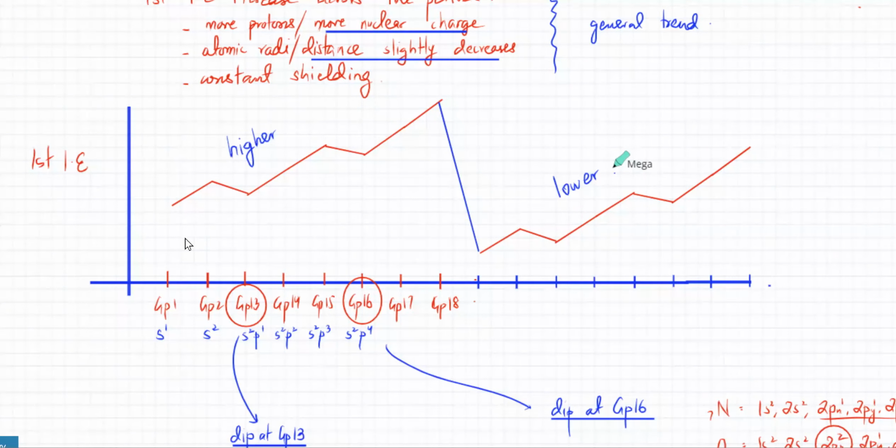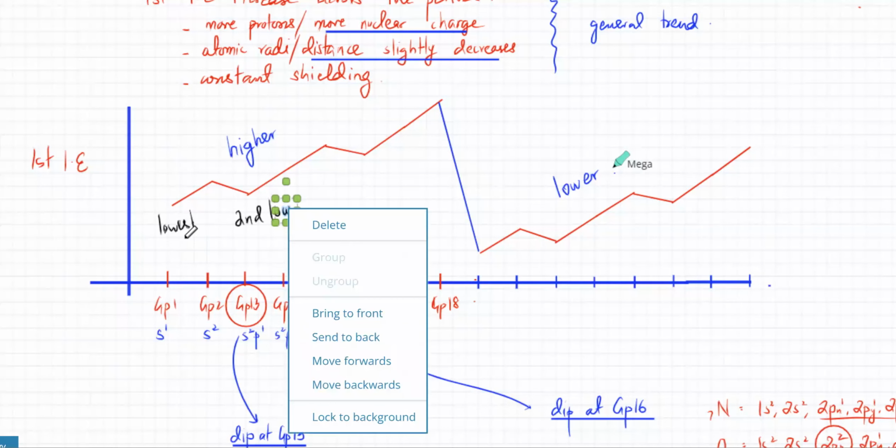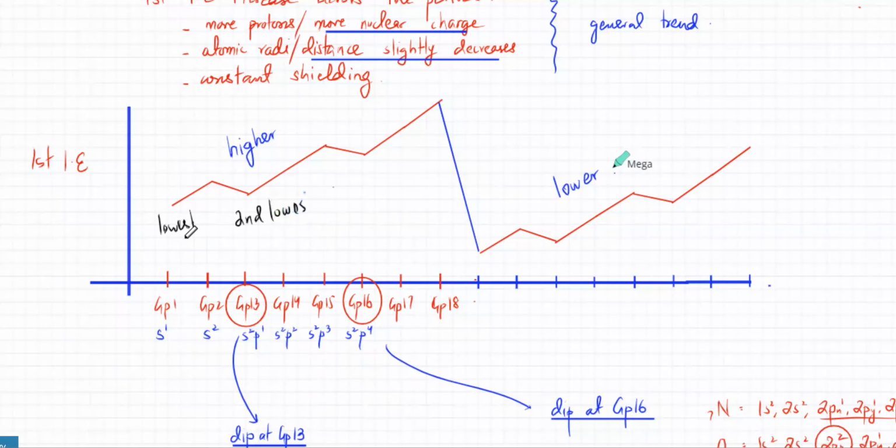So remember the trick is that this one is the lowest, and this one is the second lowest. So which one is the third lowest? Group 2. Okay, think of this vertically. I mean, think of the graph vertically.